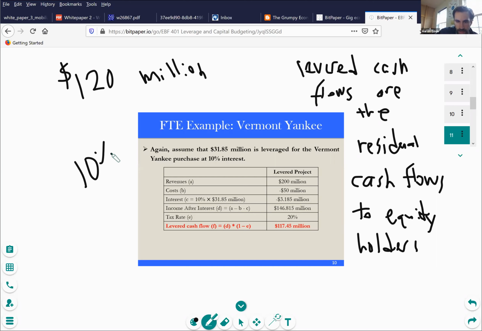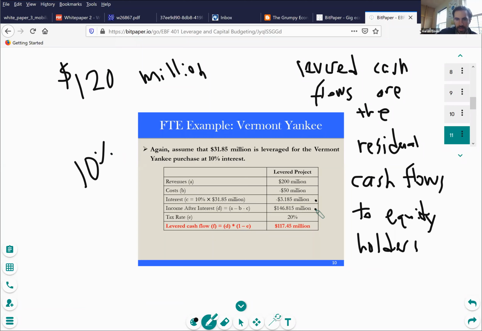So we can take 200 of revenue minus 50 in cost. We subtract interest payments, which are 10% of 31.85 million. So that's 3.185 million, and that gets subtracted off. Next, you can get the after-interest income, which is just the difference between revenues and costs minus the interest. That after-interest income is what the taxes are assessed on.